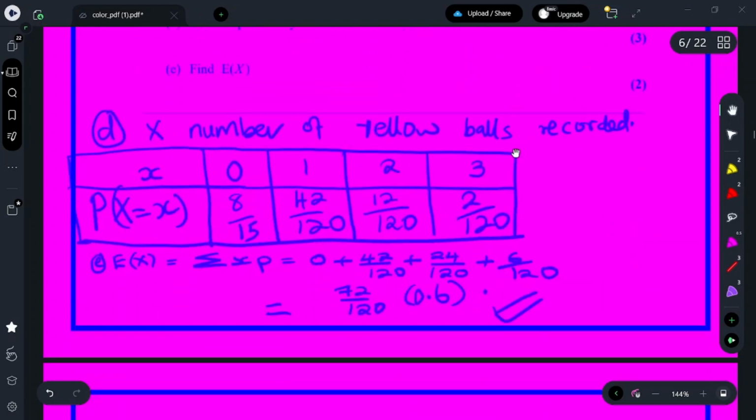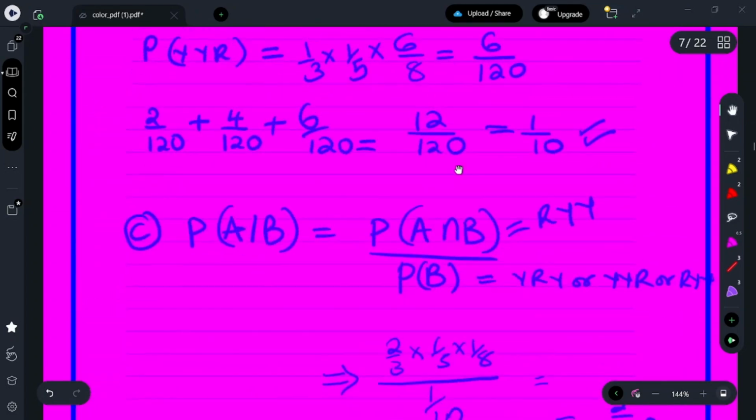So let's go ahead and do question C. Okay, so the probability of A given that B occurs is going to be given by the probability of A intersection B divided by the probability of B. A intersection B means the first ball picked from A is red, and exactly two yellow balls are picked.